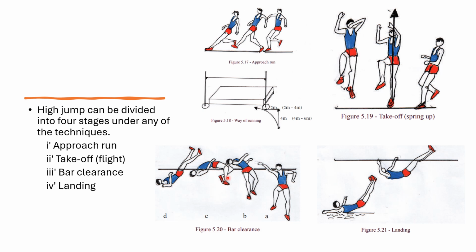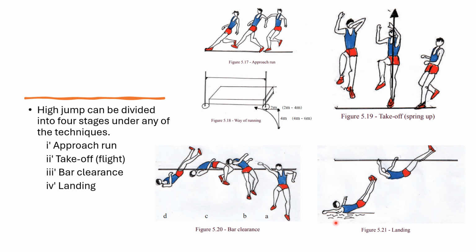They are together, parallel to the ground, and bent at the knee by 90 degrees. And then the moment the jumper's buttocks clear the bar, he should straighten his legs at the knees. So that's basically what happens in bar clearance. And this is the Fosbury flop that we are talking about.